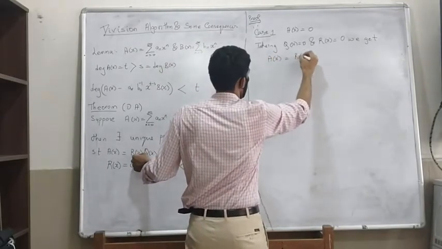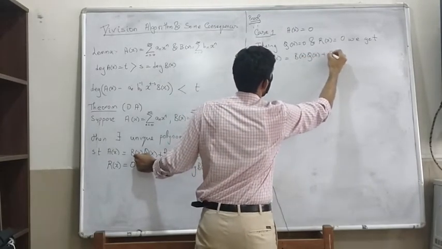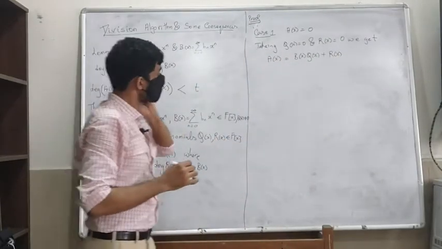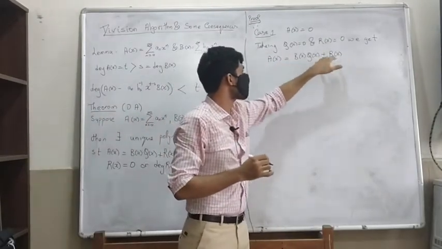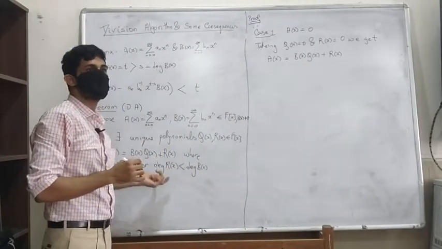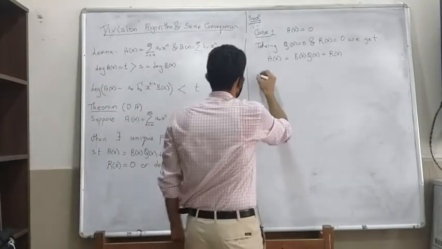You can see that both sides of the equality are the same, that is A of x is 0, Q of x times B of x plus R of x is 0. And note that we are writing it in this form because R of x is 0. That's something which you need to see.